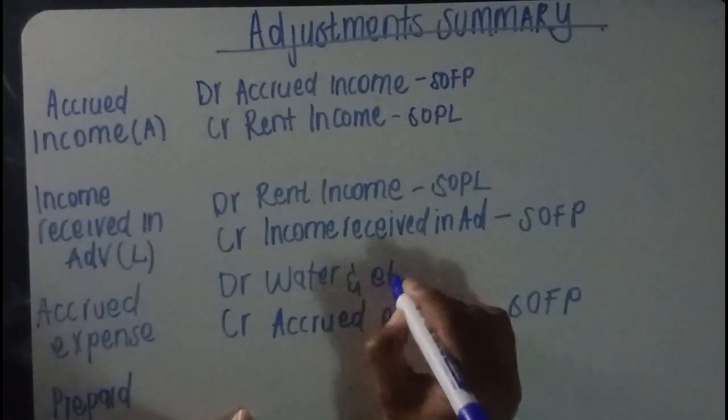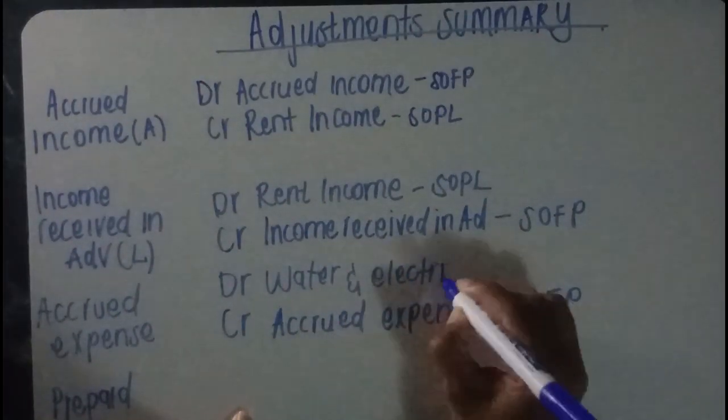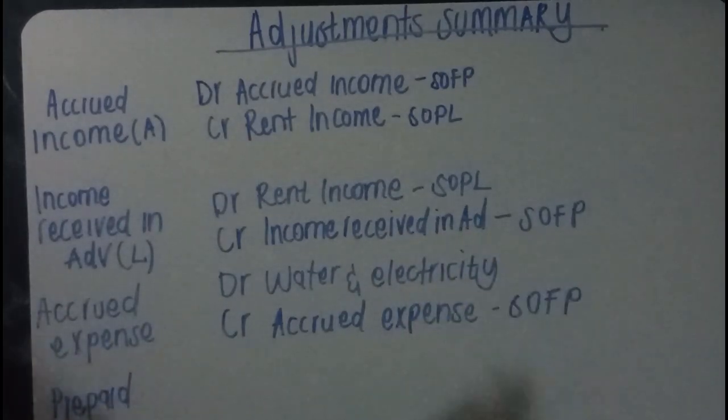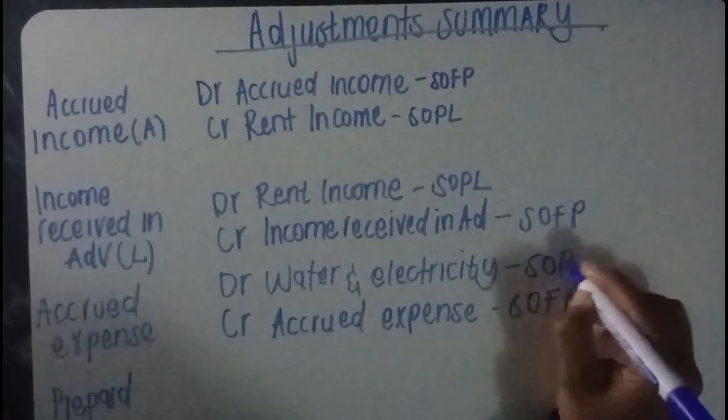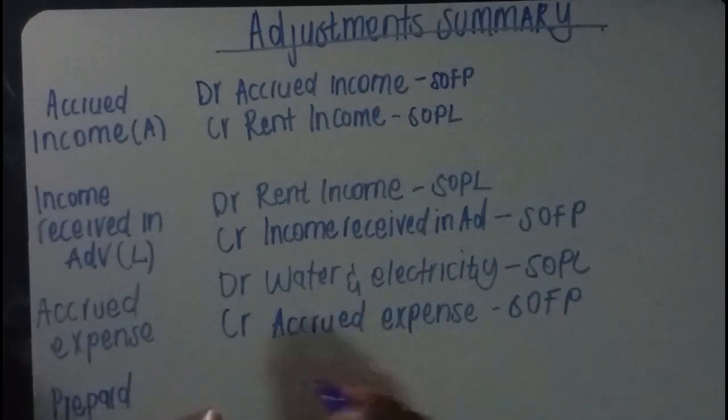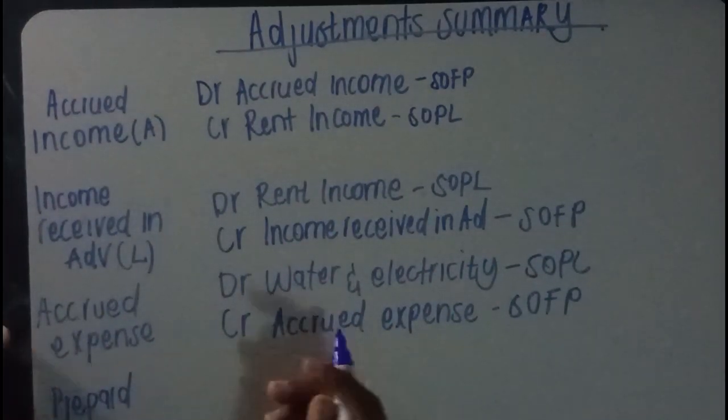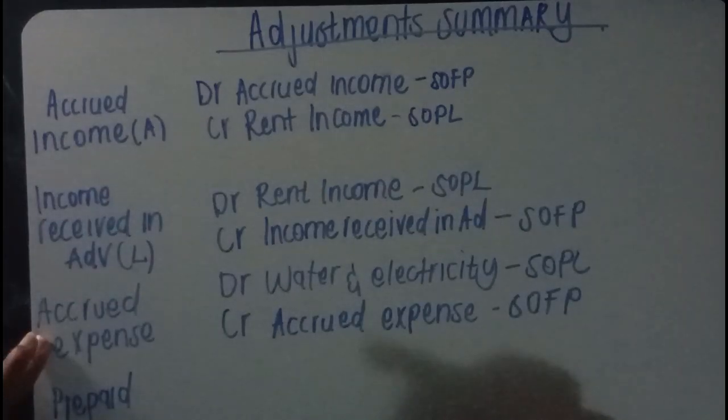So water and electricity, right? And then prepaid expense, oh, this would be statement of profit and loss. Prepaid expense will obviously be what you paid for the next financial year, right?